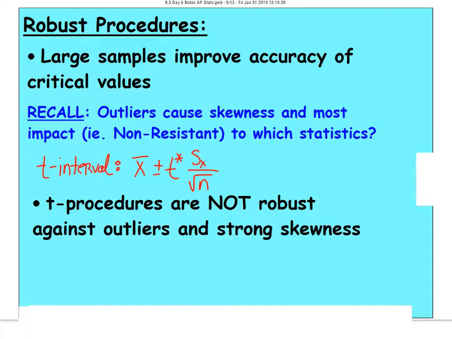So if you have a sample size less than 30, you have to be incredibly cautious if you have outliers or strong skewness because it is going to give us inaccurate and not valid confidence intervals. So that's why we say the t procedure is not considered robust against outliers.